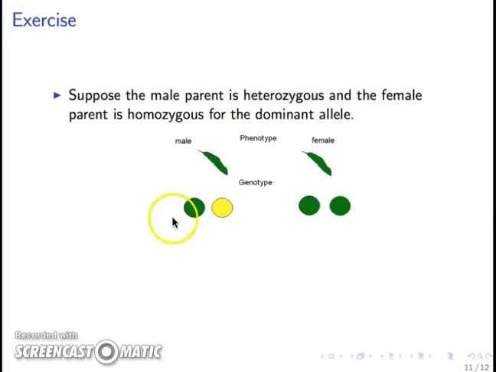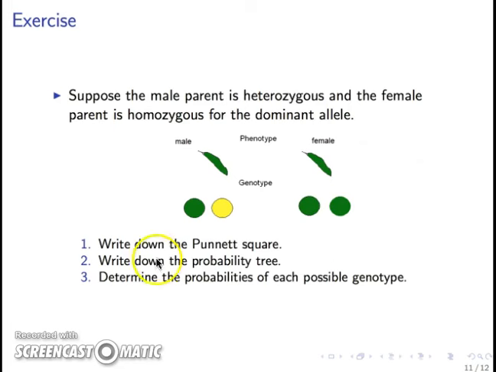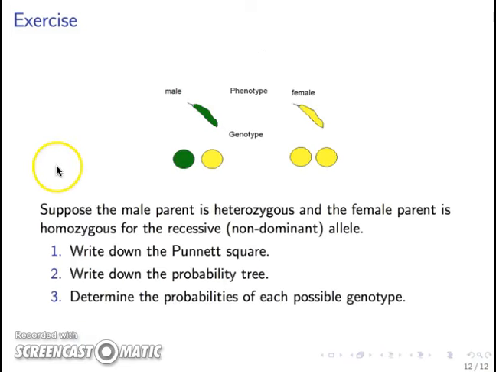So we have this situation, you're given this information, and then to put in practice what we just discussed, let's write down the Punnett square, then write down the probability tree and determine the probabilities of each possible genotype. That's one exercise. And this is the second exercise that is left.